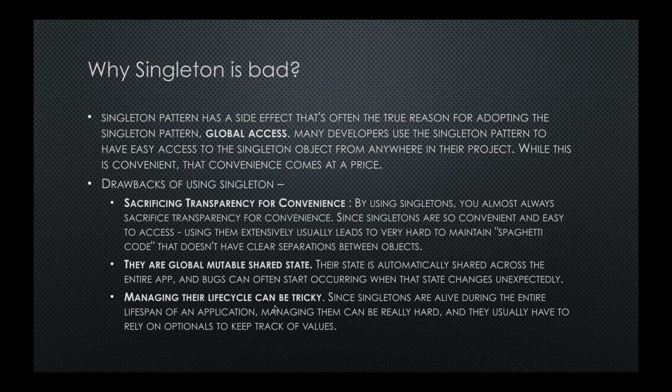And because singletons are alive during the entire lifespan of your application, managing their life cycle can be very tricky. Managing them can be really hard, and they usually have to rely on optionals to keep track of the values.